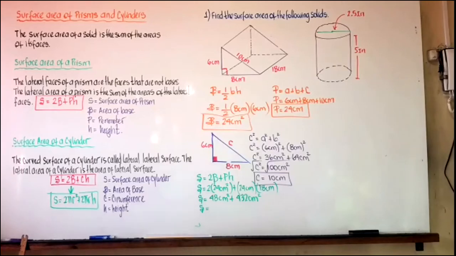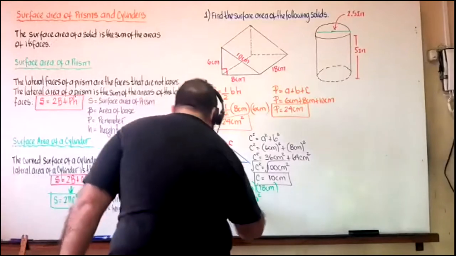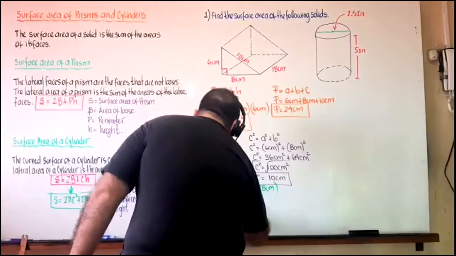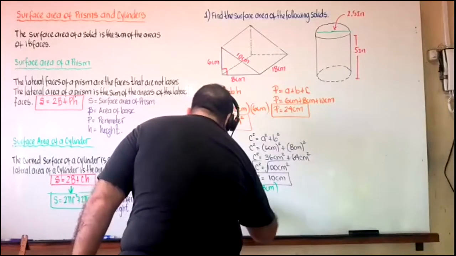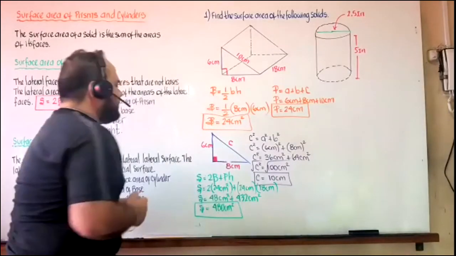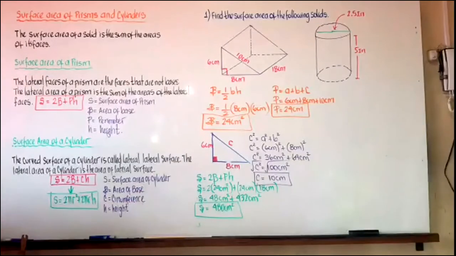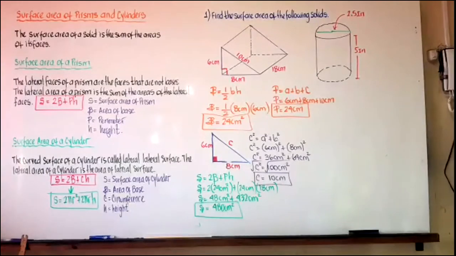That will be 480 square centimeters. 480 square centimeters. All right. And that's it. This is going to be the answer of the first example, the first solid. Questions?